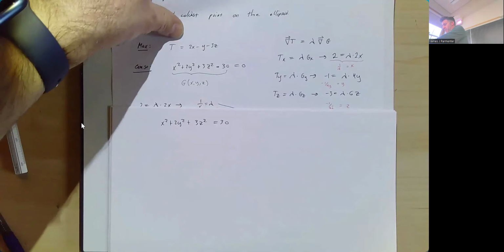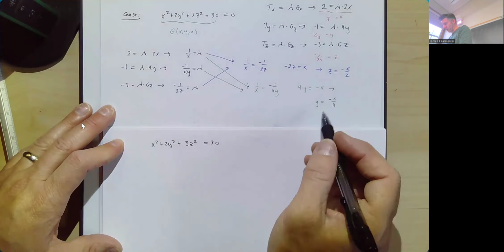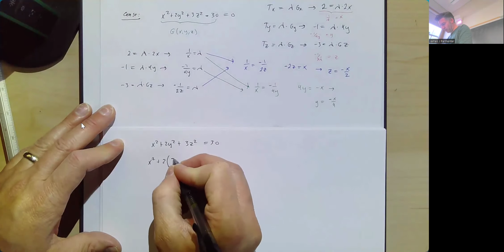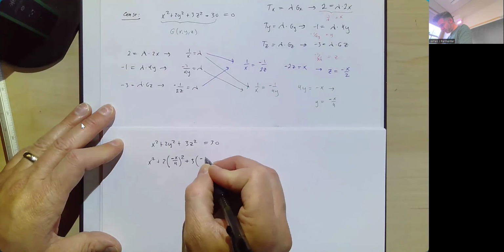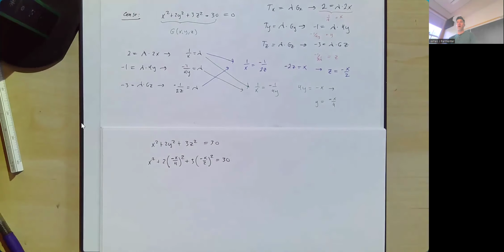Now we plug in z equal to -x over 2, y equal to -x over 4. So I have x squared plus 2 times (-x over 4) squared plus 3 times (-x over 2) squared equals 30. And now we're going to solve for x.